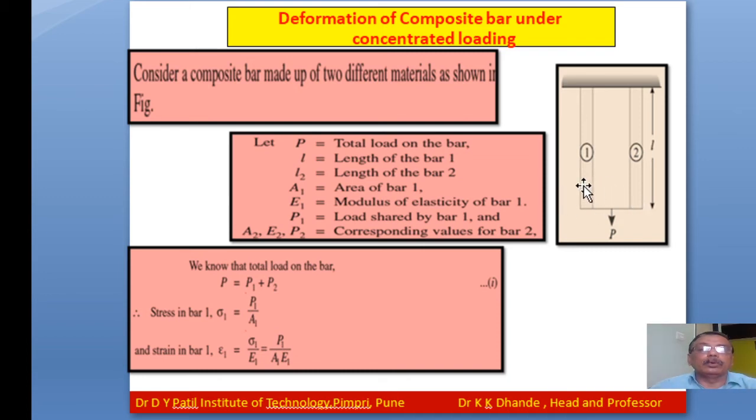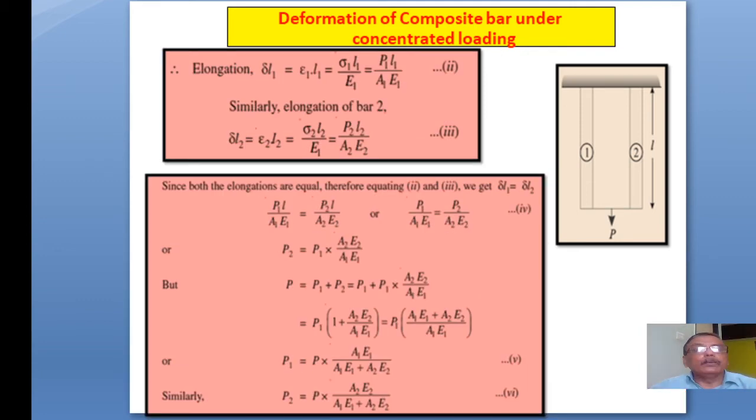Sigma 1, the stress induced in bar 1, is equal to P1 upon A1, where P1 is the load carried by bar 1 divided by its cross-sectional area A1. The strain induced is sigma 1 upon E1, according to Hooke's law.